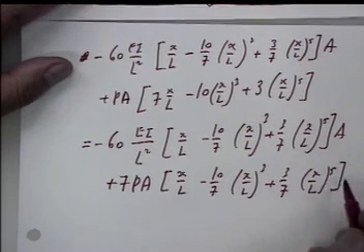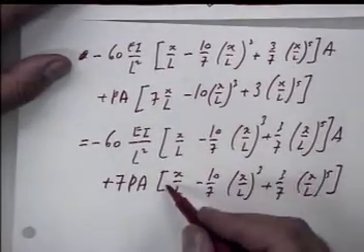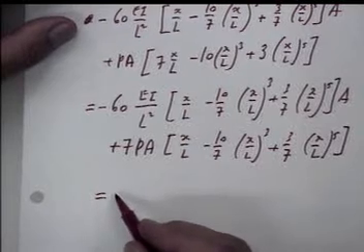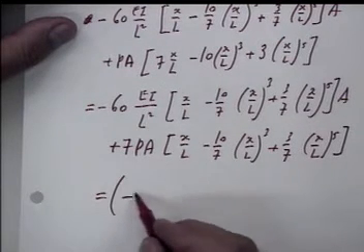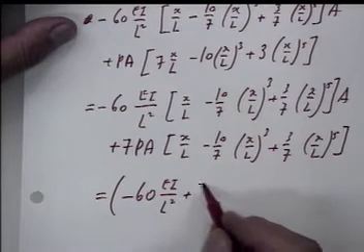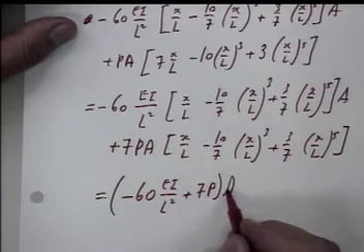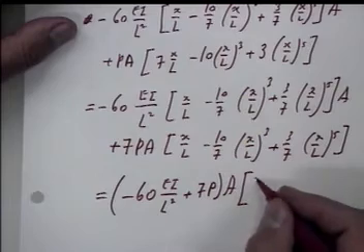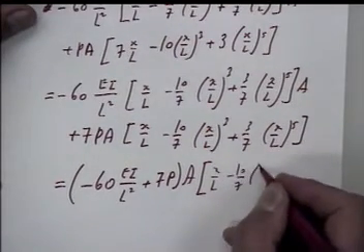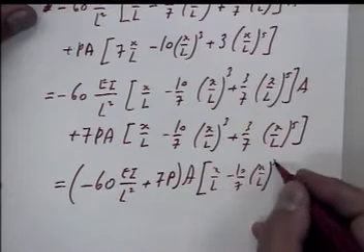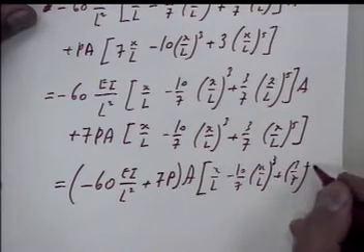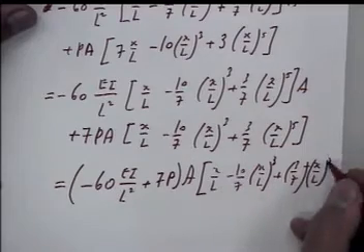And now we see that this term and this term are the same. So we can write down as follows. That equals minus 60 EI over L squared plus 7 PA, and then is x over L minus 10/7 x over L cubed plus 3/7 x over L in 5th power.